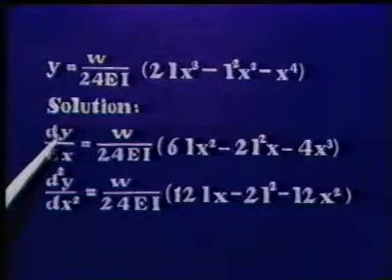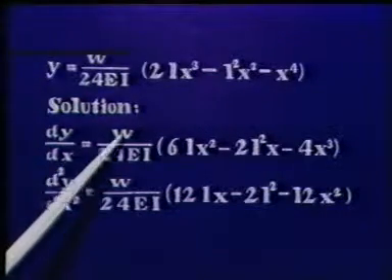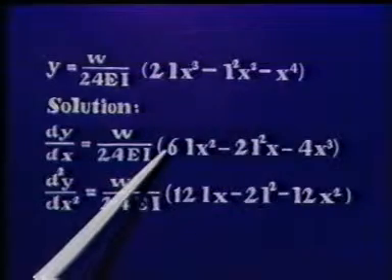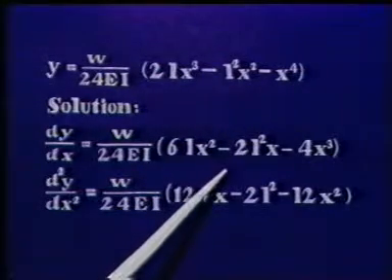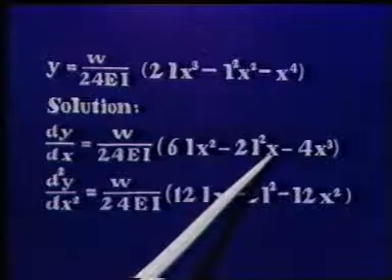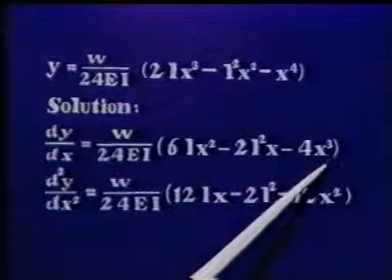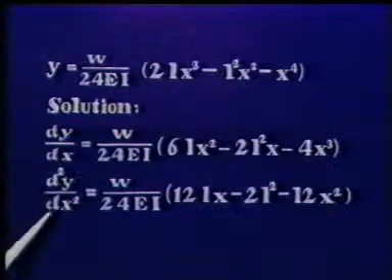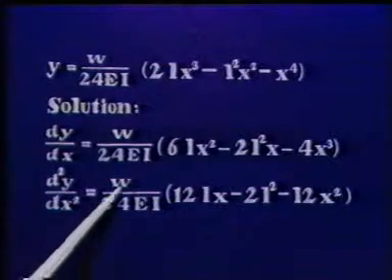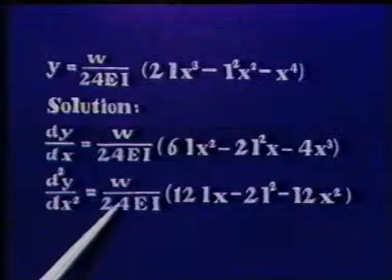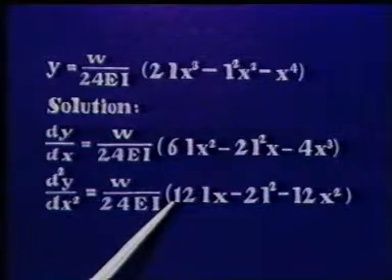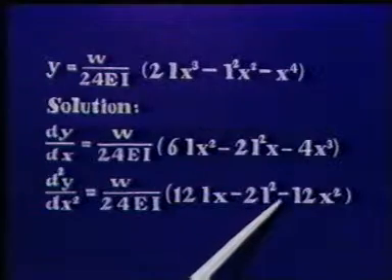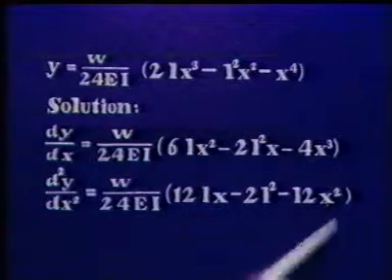Differentiating, dy/dx is equal to W/(24EI) into (6Lx² - 2L²x - 4x³). Again differentiating, d²y/dx² is equal to W/(24EI) into (12Lx - 2L² - 12x²).